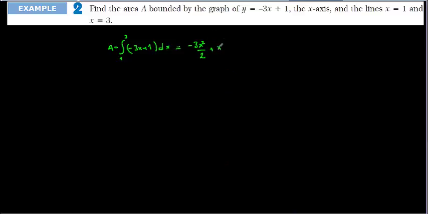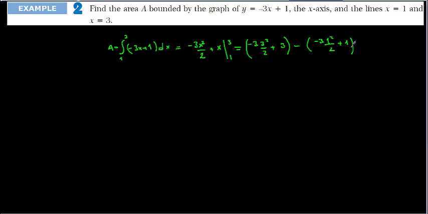So from 1 to 3, if we replace the boundaries here, it's going to be minus 3 times 3 squared over 2 plus 3, and minus, minus 3 times 1 squared over 2 plus 1.